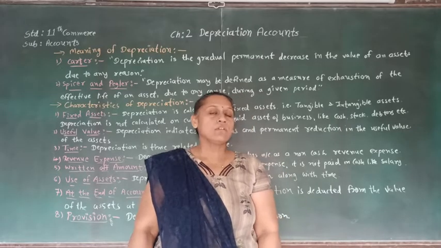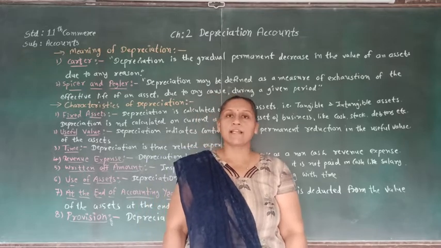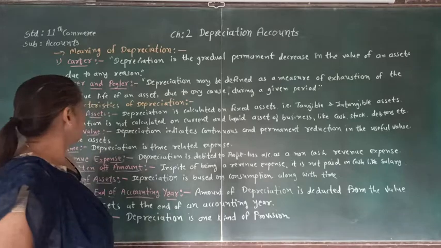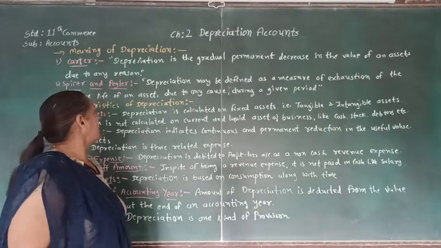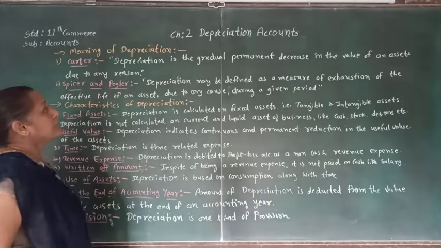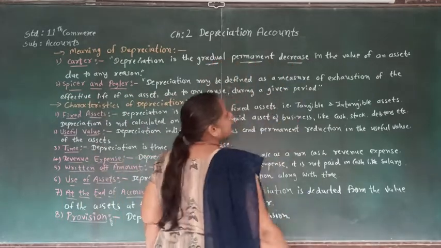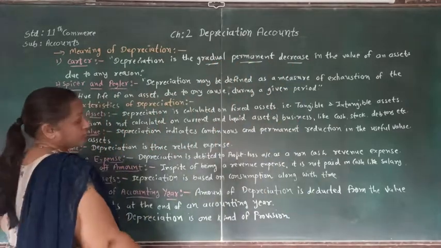Now let's see the meaning as well as characteristics of depreciation. Here is the definition of depreciation according to Carter. Depreciation is a gradual, permanent decrease in the value of the asset due to any reason.